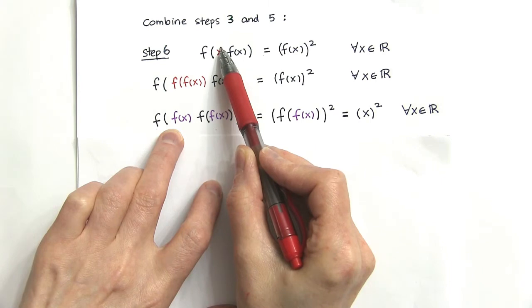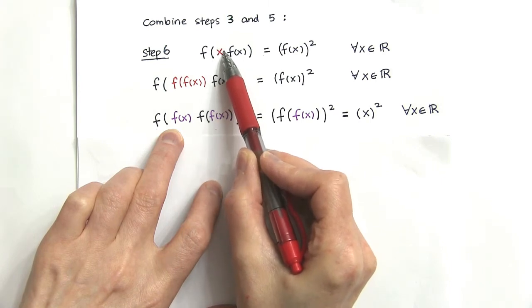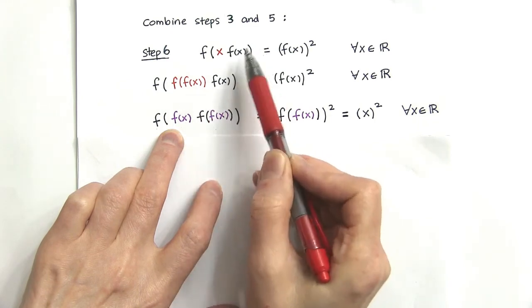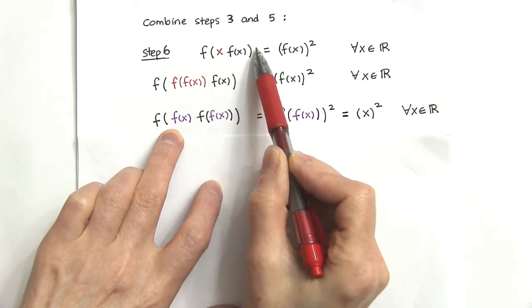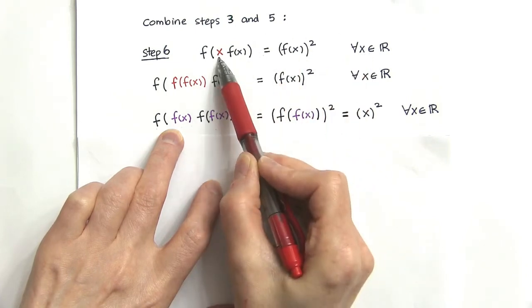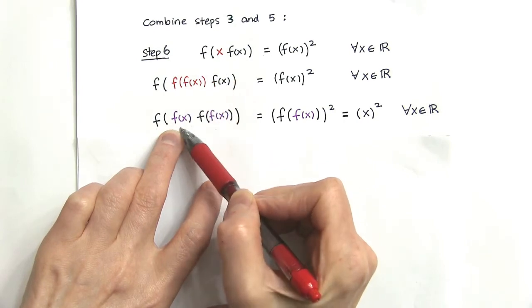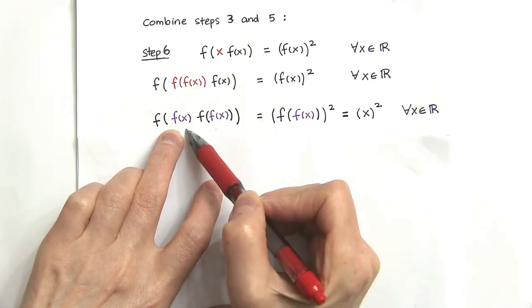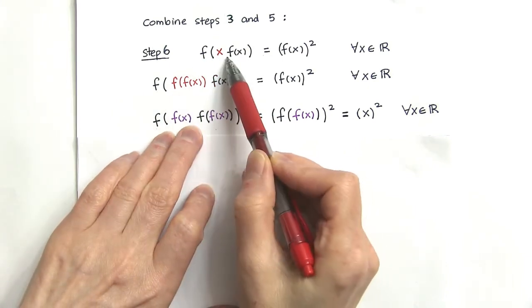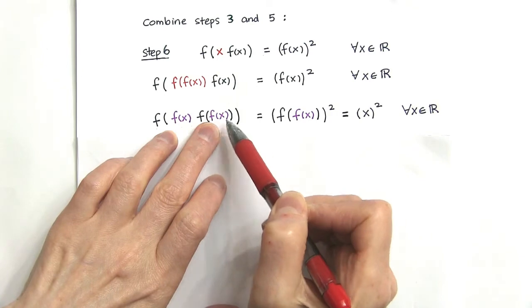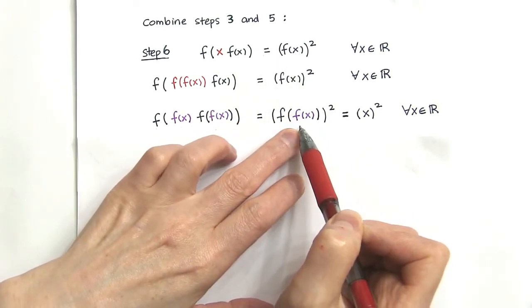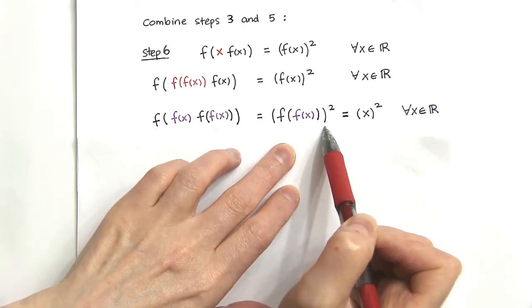And if we replace x everywhere here with f at x, we get this expression. So since this must be true for every real x, it's true if I replace x with f at x. So this expression becomes f evaluated at f at x times f at x, and the right-hand side becomes f at x, quantity squared.